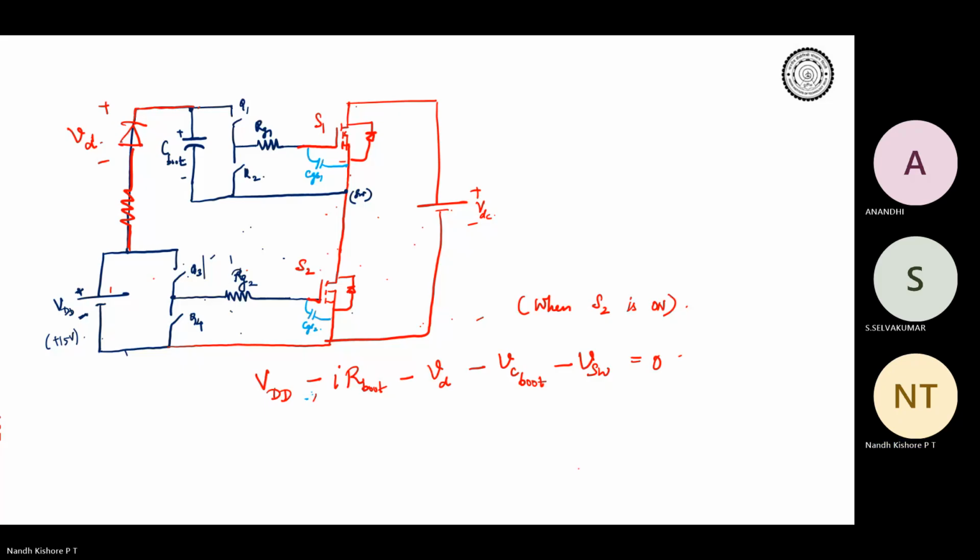So this is the path when S2 is on and S1 is off. Is this fine? This is the charging path for C boot.